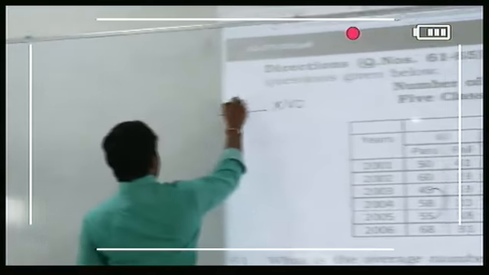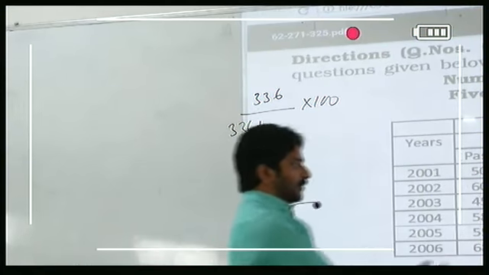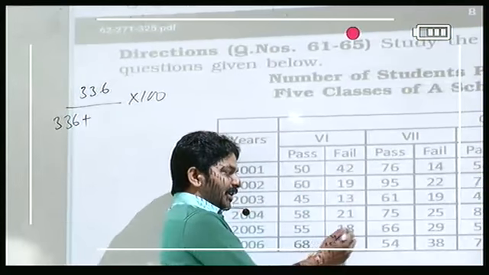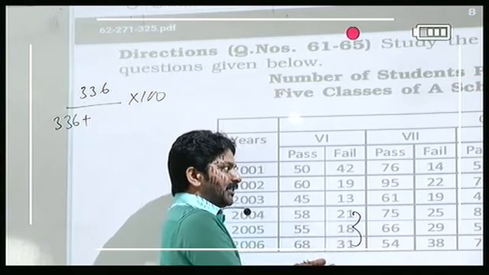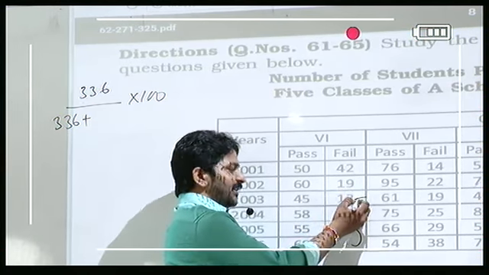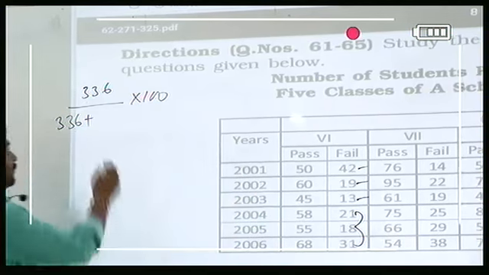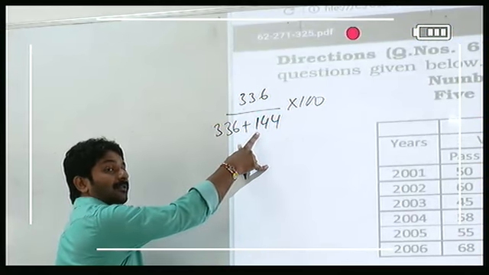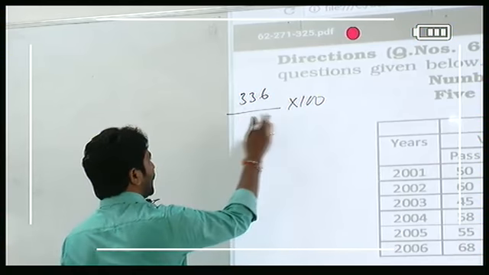Passed candidates are 336. And now we need total number of students. So now you need to add failures also. 40, 50, 60, 80, 90, 120, 130, 133, 142, 144. 300 plus 100, 400, 36, 44, 80. Total 480.